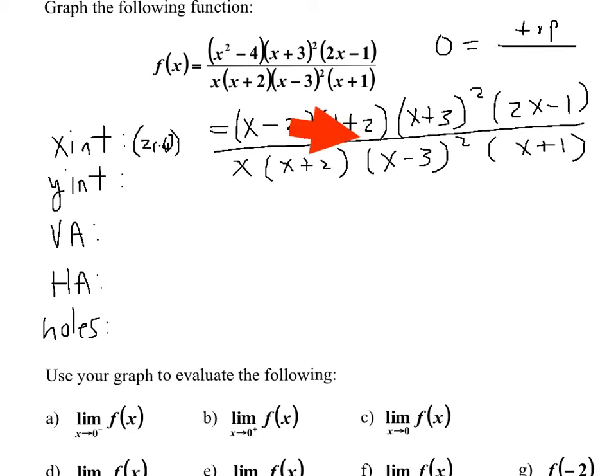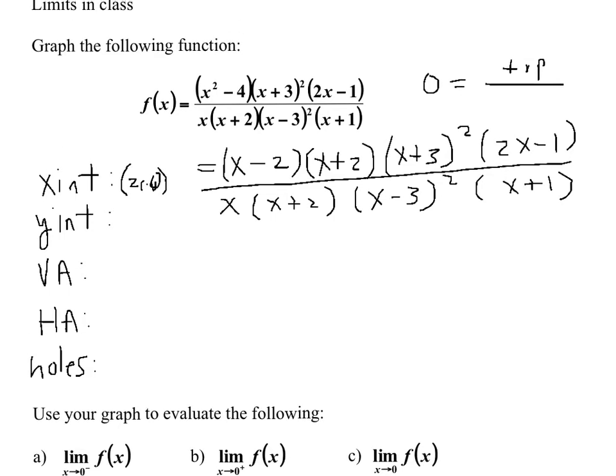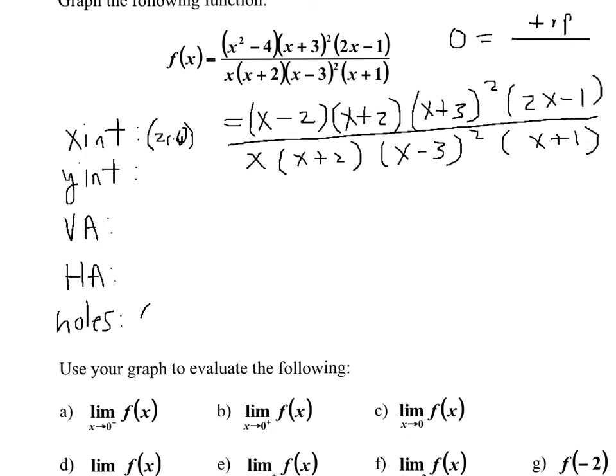You can see that x plus 2 is a factor on the top and the bottom, so there's going to be a hole there. So I'm going to put down that there's a hole at -2, something, and I'll show you how to find where that hole is in a minute.